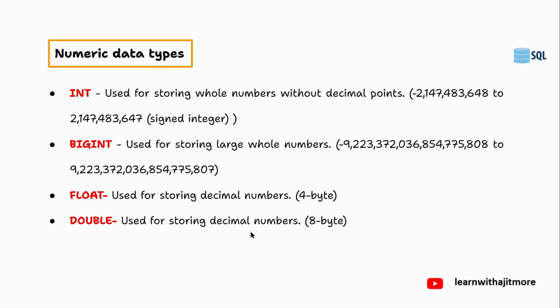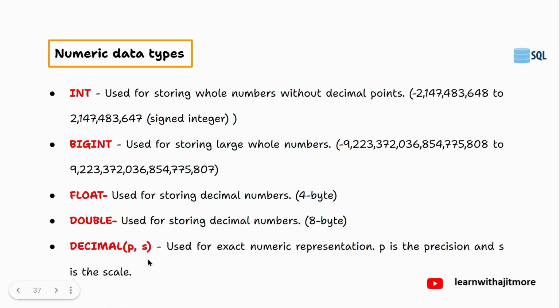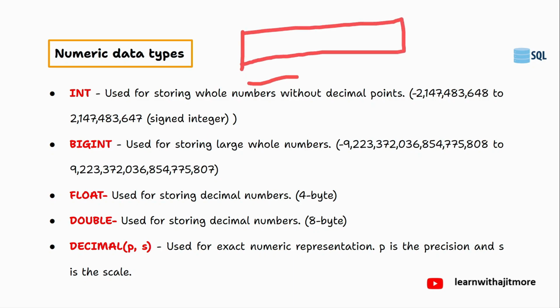And if you want to store a floating point number only, but with exact precision, meaning exactly 2-digit precision and exactly this many digits before the dot, then we go for decimal. Decimal P comma S. Okay. So in that, remember, P means the total digits. How many digits are total, right?